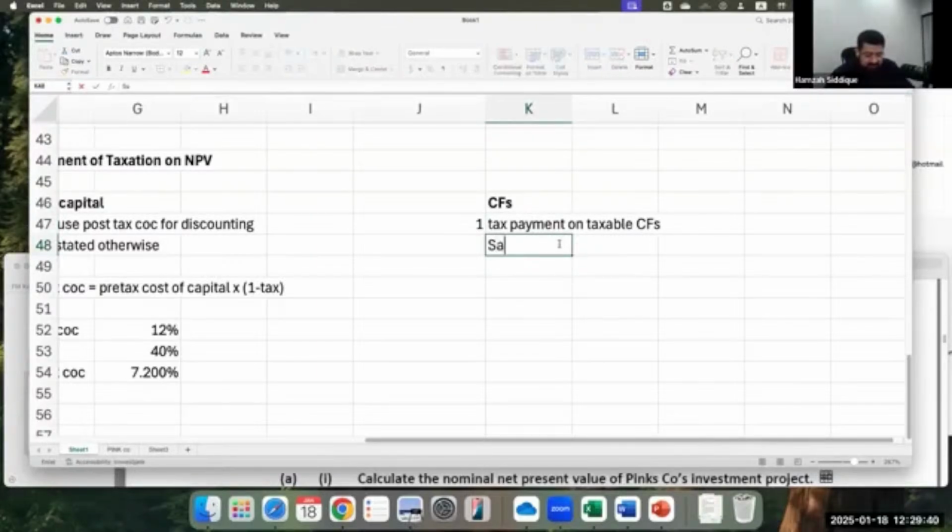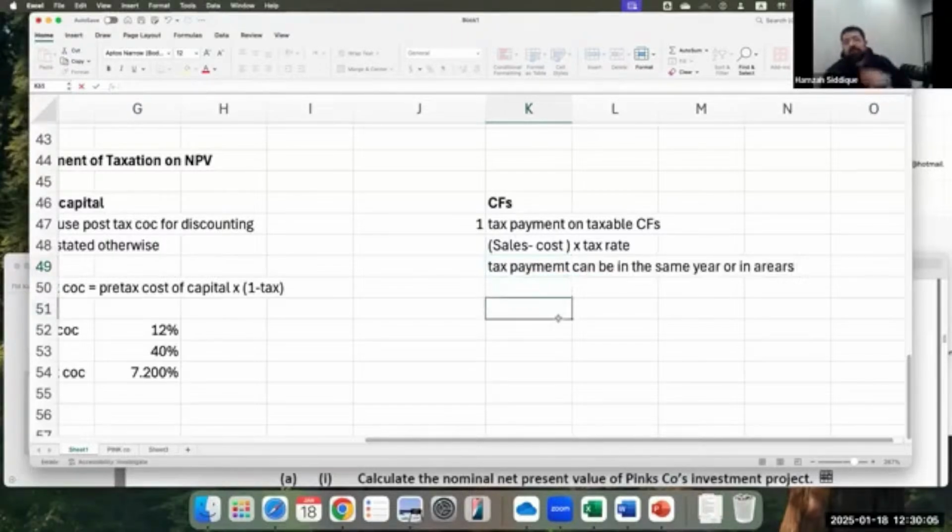That is sales minus costs, that is the taxable cash flow, into tax rate. That is the tax payment. And tax payment can be in the same year or in arrears. Means for year one, tax may be paid in year two, and so on. Whatever the examiner says, we have to follow that.